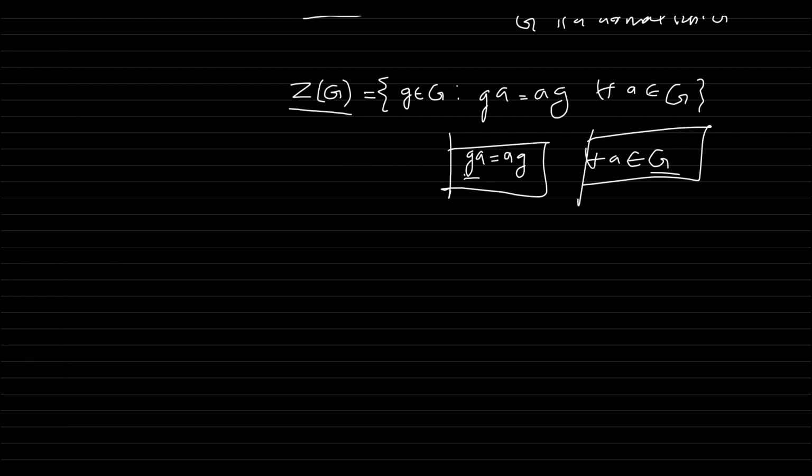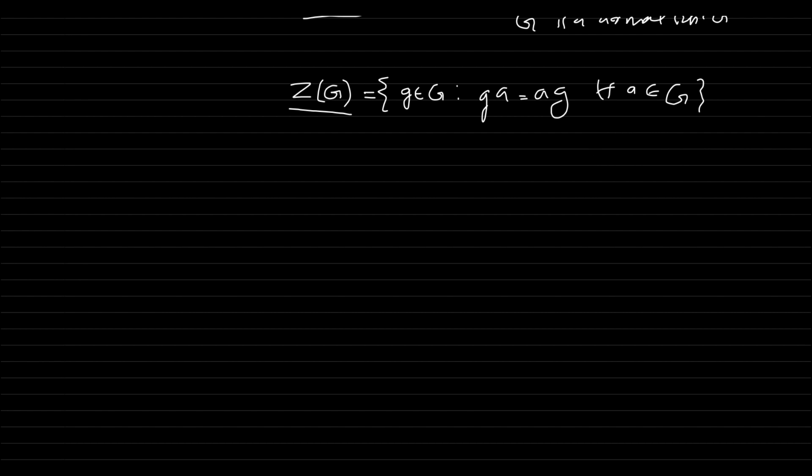So we can directly say that the center of a group consists of all elements which commute with every element in the group. Now we are going to prove that for any group G, the center of that group will be a normal subgroup of that group.